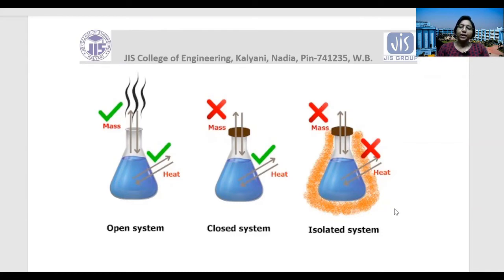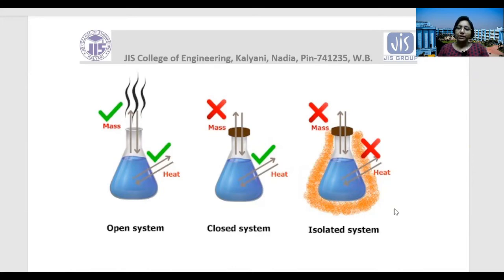Like, say you take a saucepan and boil the water. The container is open, not covered, so what will happen? The water vapor will go to the atmosphere. So it is mass transfer, transfer of matter is taking place, as well as heat energy.